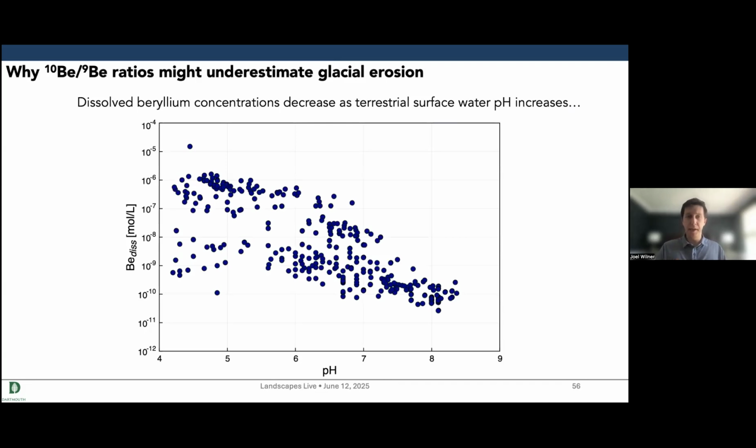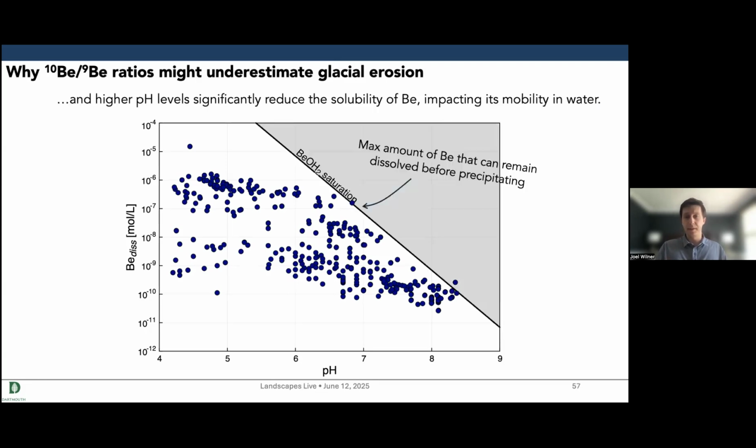So we have this plot here of concentration of beryllium versus pH in terrestrial surface waters. And note that you get this maximum amount of beryllium that can remain dissolved before precipitating out of solution according to the saturation level. So higher pH levels significantly reduce the solubility of beryllium, and that impacts its mobility in water.